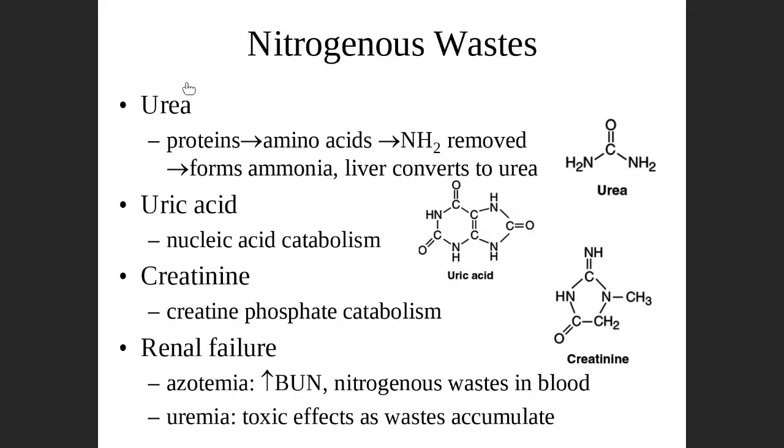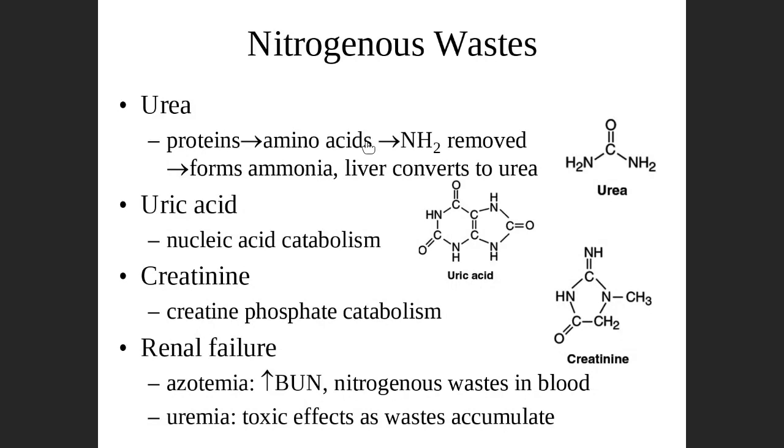Okay. Now here are some of the nitrogenous waste that must be eliminated from our body, and the kidney is a great organ to remove these. Remove urea. Where do you get urea from? Well, degradation of protein will give you urea.